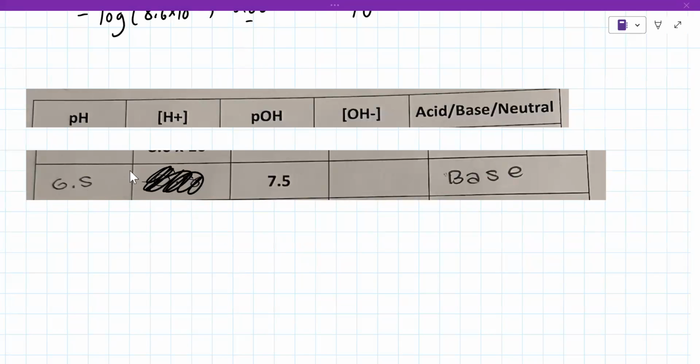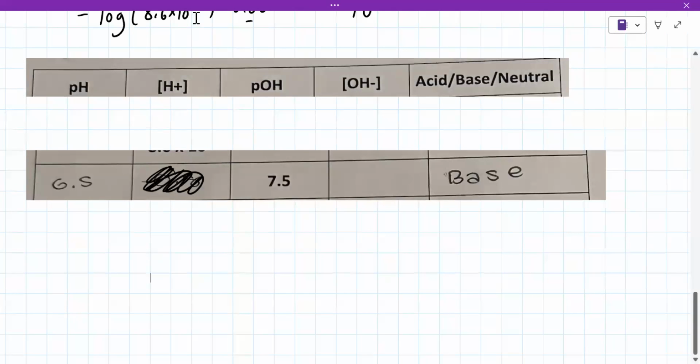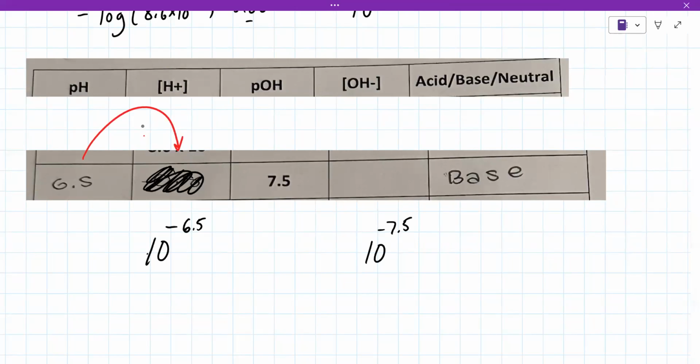Okay. All right. So to go from the pH to the H plus, do you remember if it's log or the 10 thing? It's 10 to the minus pH, right? This one is 10 to the minus 6.5. The other one is 10 to the minus 7.5. 6.5 is 3.1 times 10 to the negative 7.